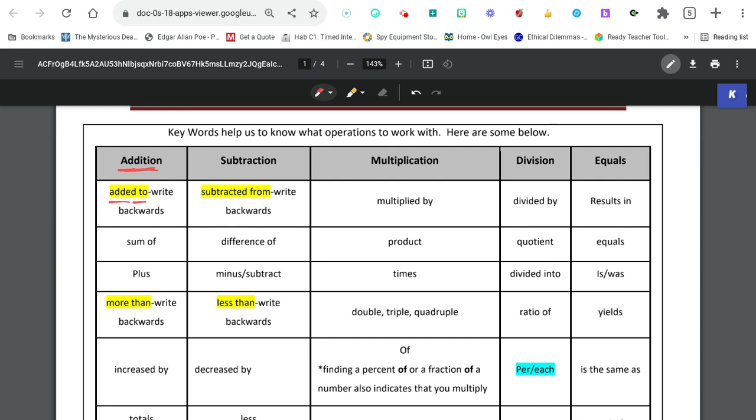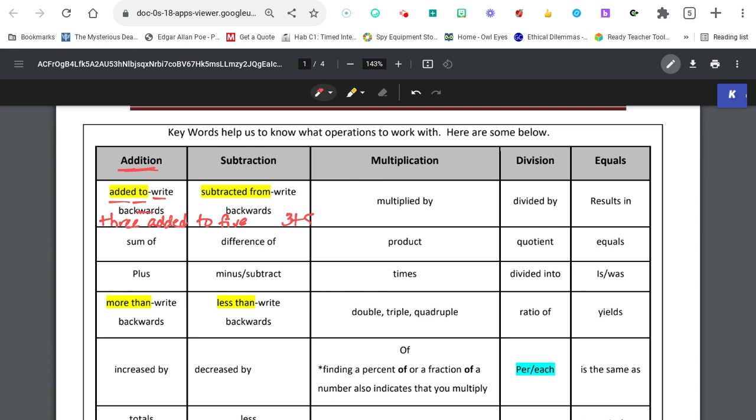If you see added to, say for instance, I have 3 added to 5. It says to write it backwards because if you add 3 to 5, the 5 has to exist first.